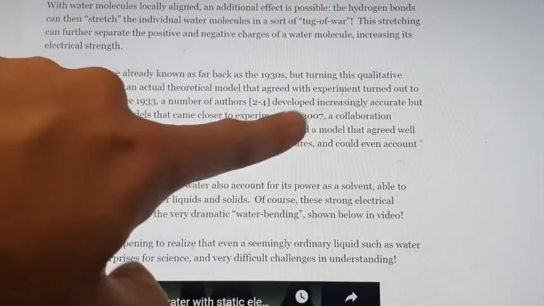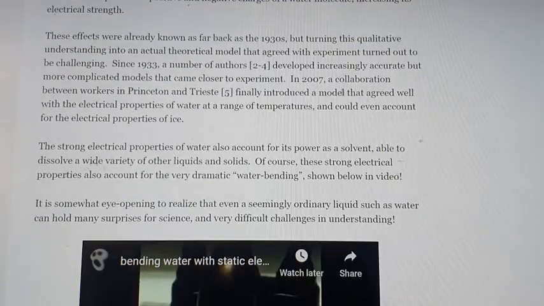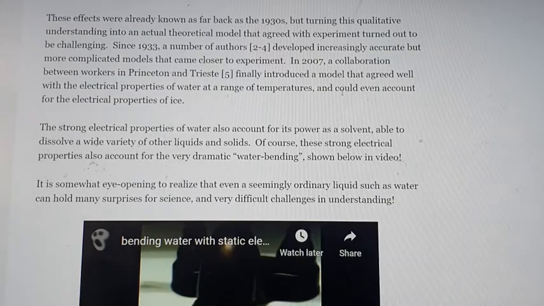It was only in 2007 that a collaboration between workers in Princeton and Trieste finally introduced a model that agreed well with electrical properties of water at a range of temperatures and could even account for the electrical properties of ice. The strong electrical properties of water also account for its power as a solvent, able to dissolve a wide variety of other liquids and solids. Of course, these strong electrical properties also account for the very dramatic water bending shown below in the video.